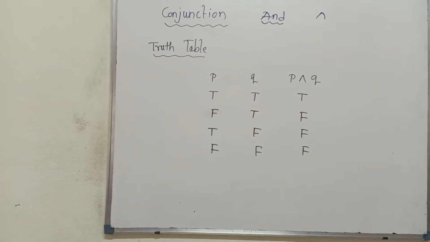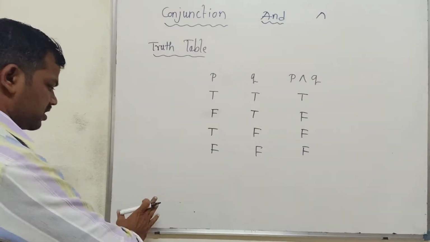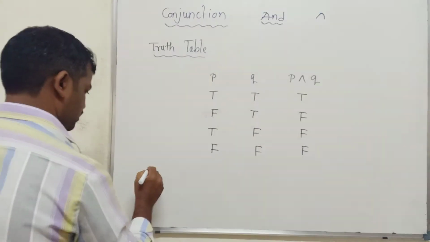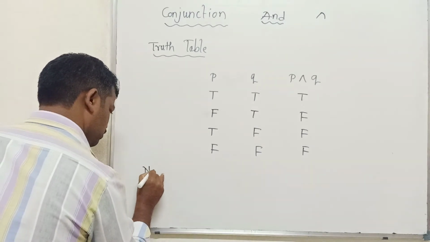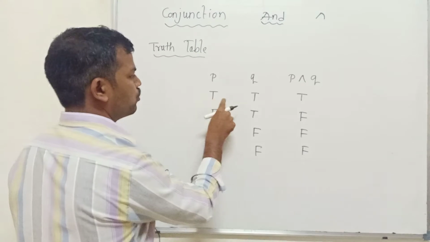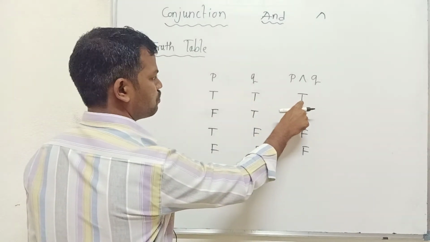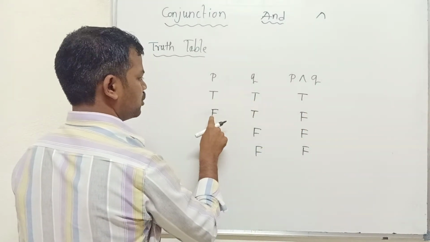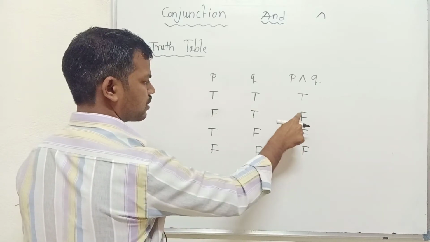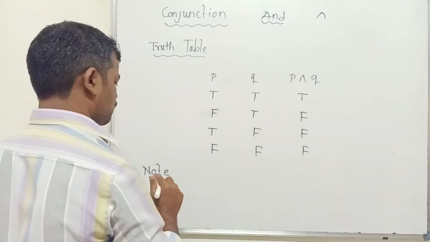From this truth table we get one condition. Let me name it as a note, you have to remember that. If both P and Q are true, then it is true. If any one of them is false or both are false, then in all remaining cases it is false.